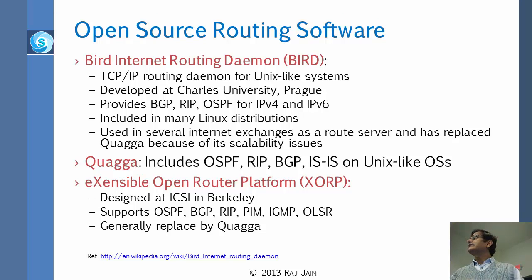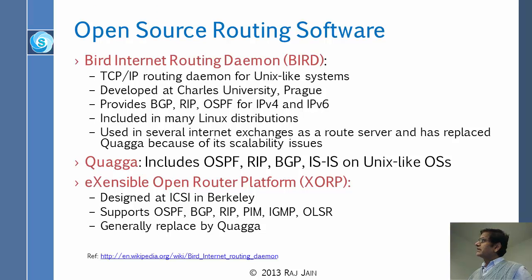The next one is Bird, the Bird Internet Routing Daemon. This came from some European university. It has many things, and now it is slowly replacing Quagga.